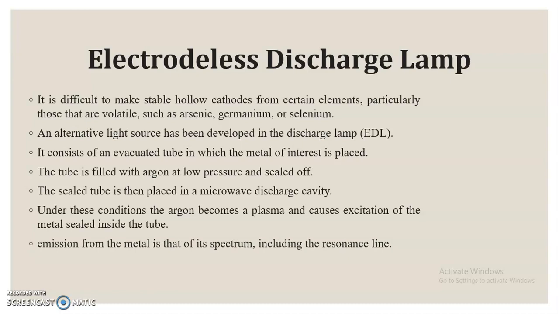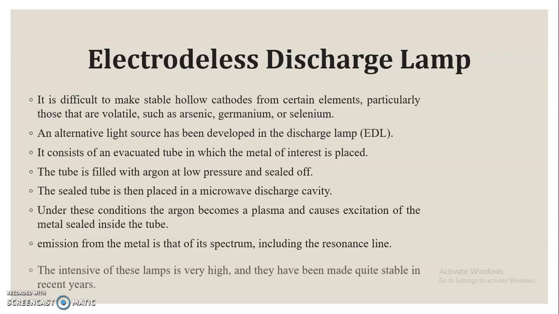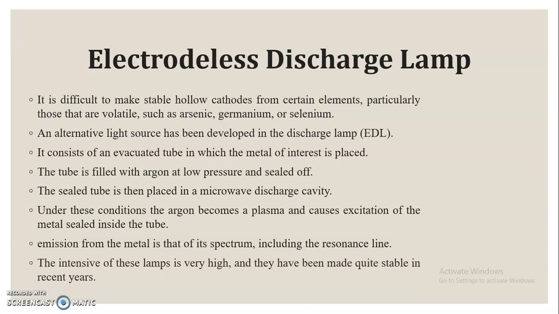And the emission from the metal is that of its spectrum, including the resonance line. So in this way this electrode-less discharge lamp will work, and the intensity of these lamps is very high and they have been made quite stable in recent years.